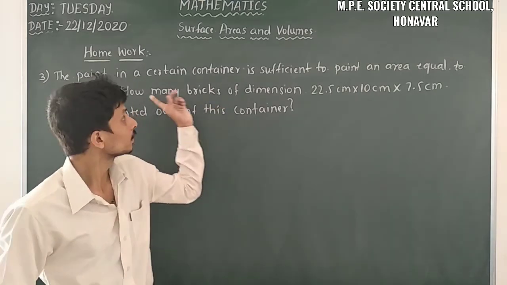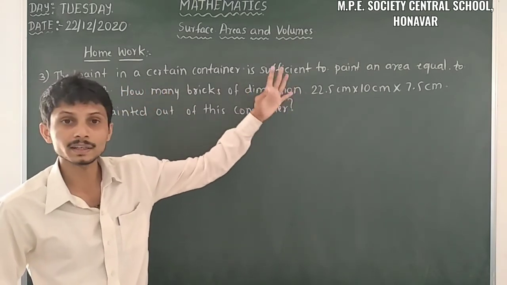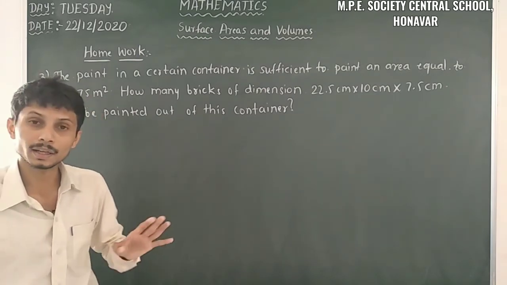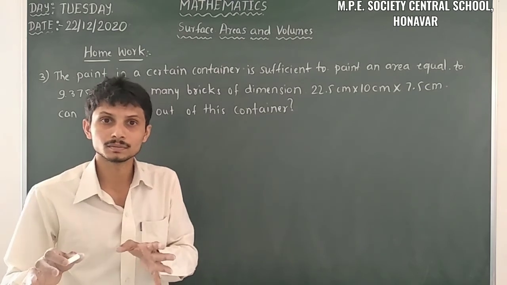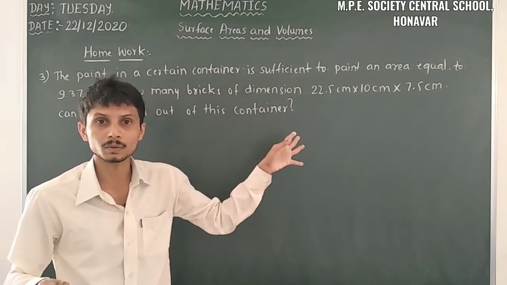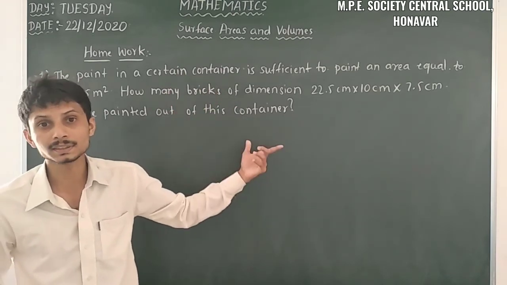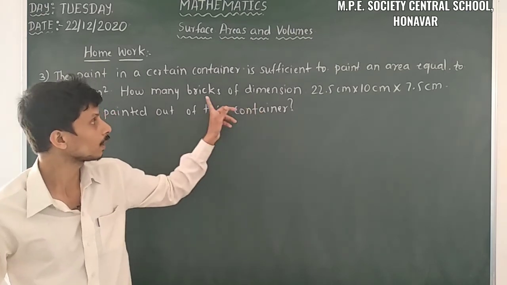This paint has the capacity to paint a total area equal to 9.375 meters square. So using this container, how many bricks can we paint? That we have to find out.